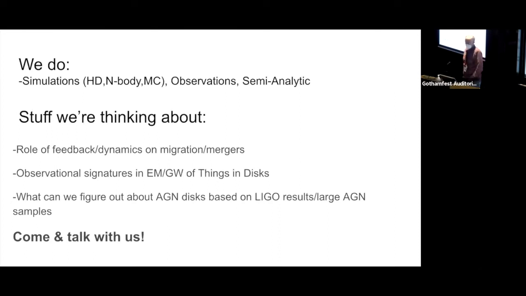So spin is another thing that we're worrying about. There's a fascinating anti-correlation that Tom Callister from CCA has discovered in the LIGO data, where the effective spin that LIGO measures, chi-effective, increases with increasing mass ratio in binary black hole mergers. This is a really curious, interesting result.